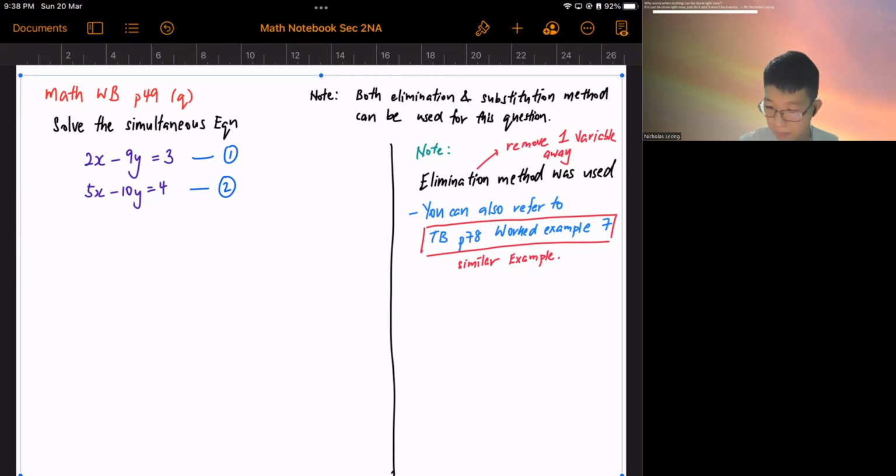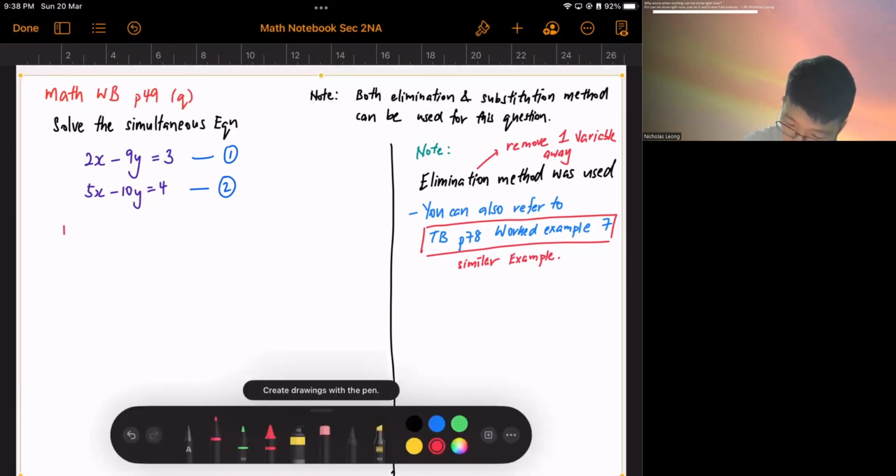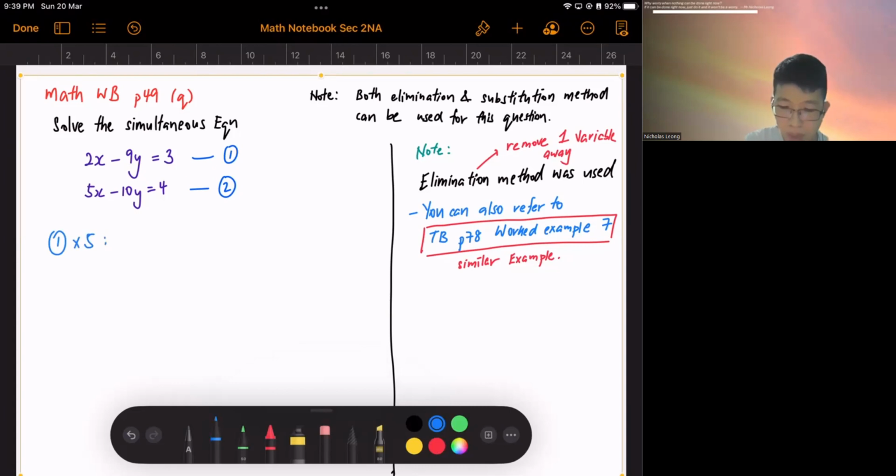So let's multiply equation 1 with 5. The entire equation will be multiplied by 5.